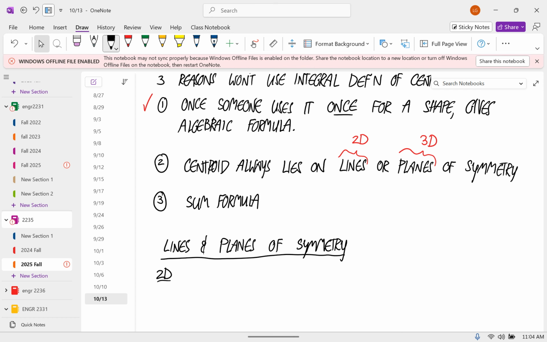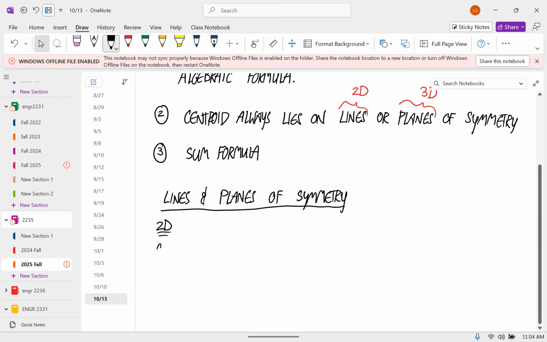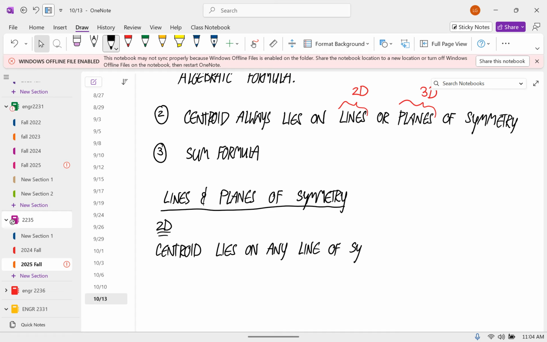In 2D, a centroid always lies on any line of symmetry. So if you can find two lines of symmetry, the centroid lies at their intersection.